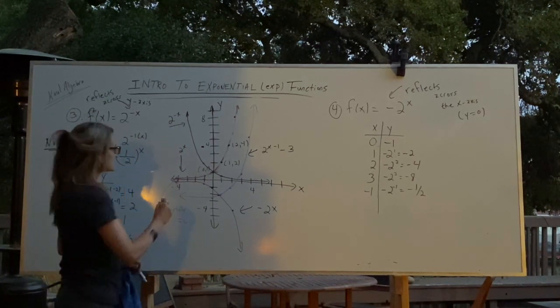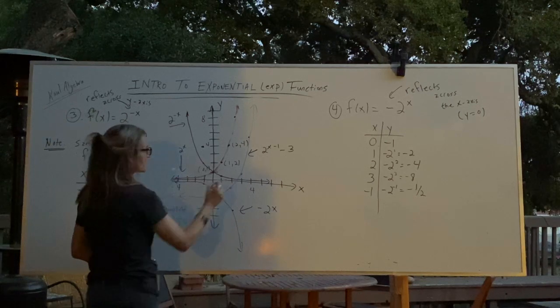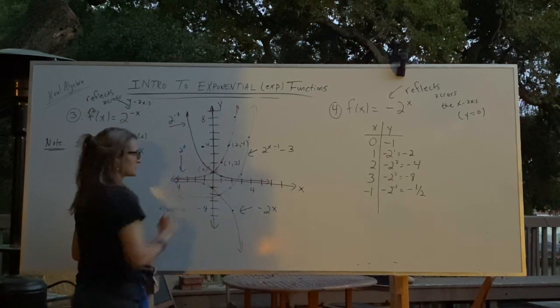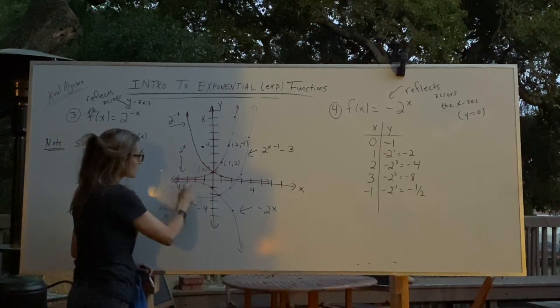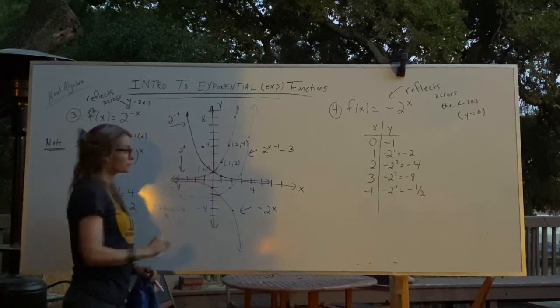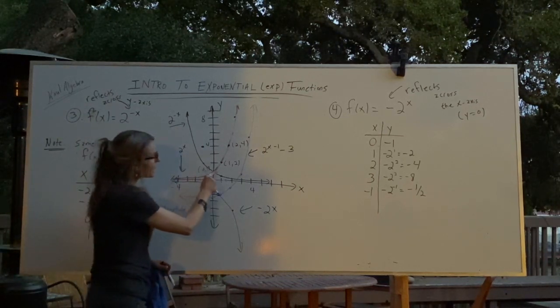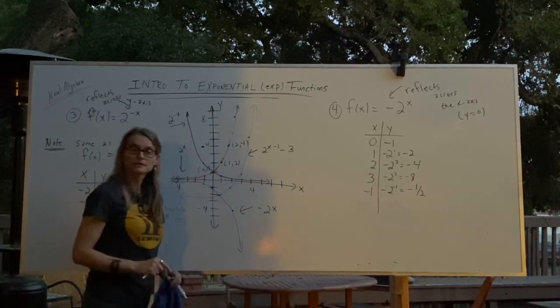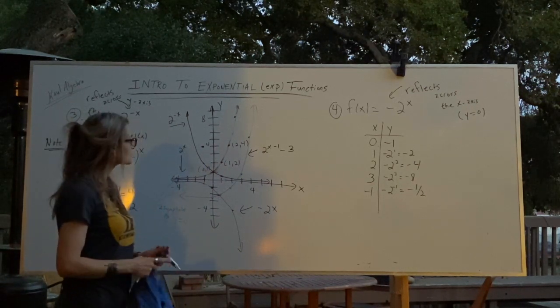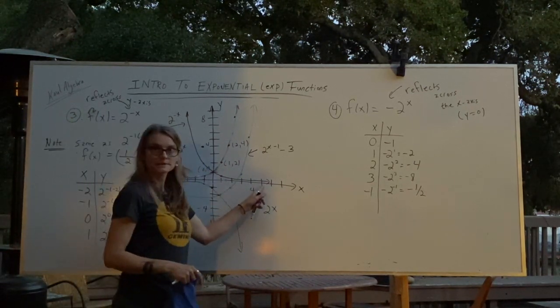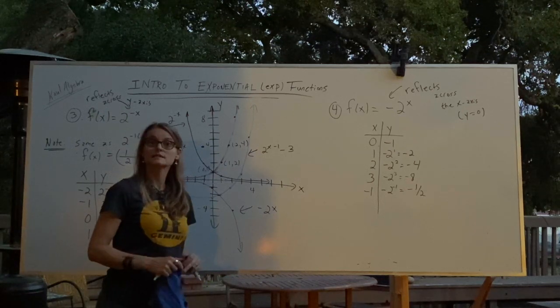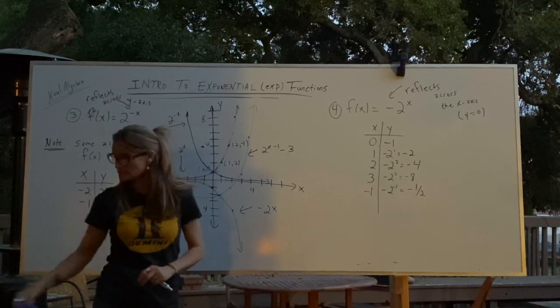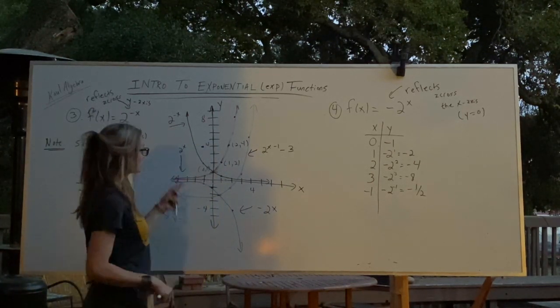Now the same thing happens here on the other side. This is also an asymptote. And also over here we have an asymptote, even with it flipped. So when you see this behavior of an exponential graph where it gets closer and closer to a value but never crosses, that's called asymptotic behavior. So we have those for exponential functions and some other functions.